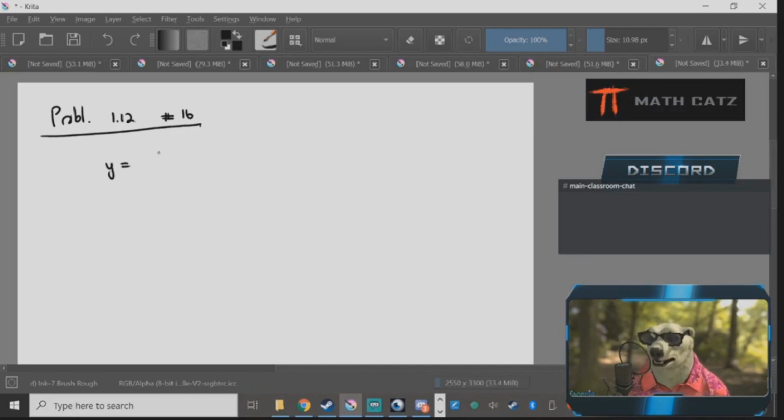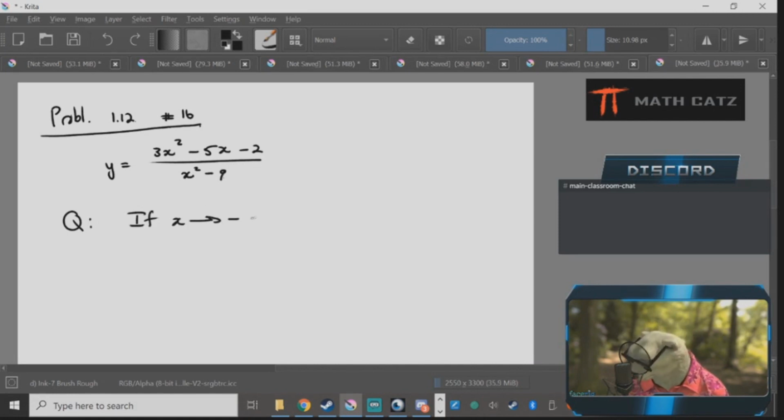Y is equal to, instead of showing it, I have it in front of me. You can just take my word for it, or you can double check. And the bottom polynomial is x squared minus 9. Here's my question. If x approaches negative infinity, then y approaches what?